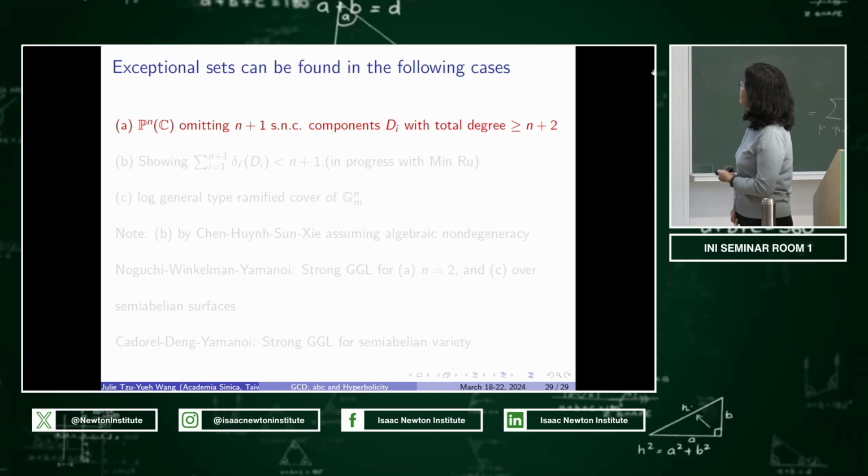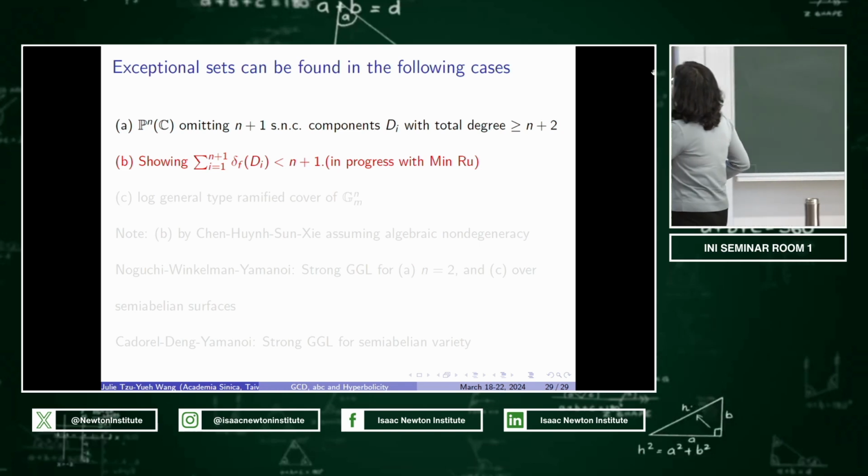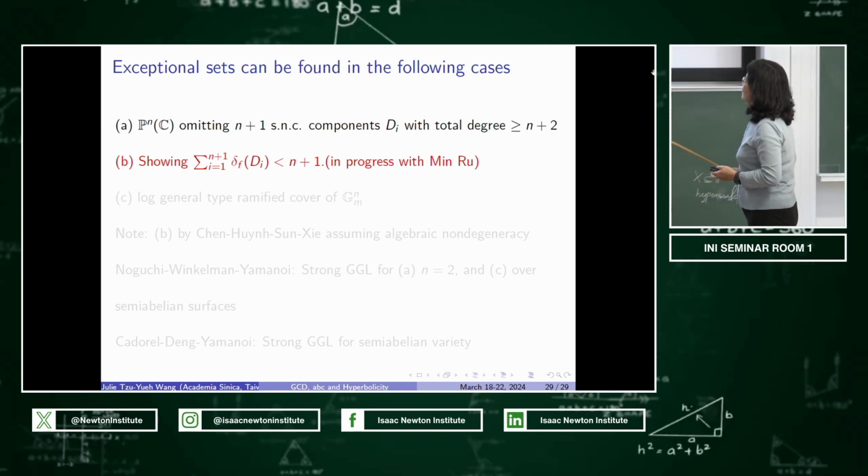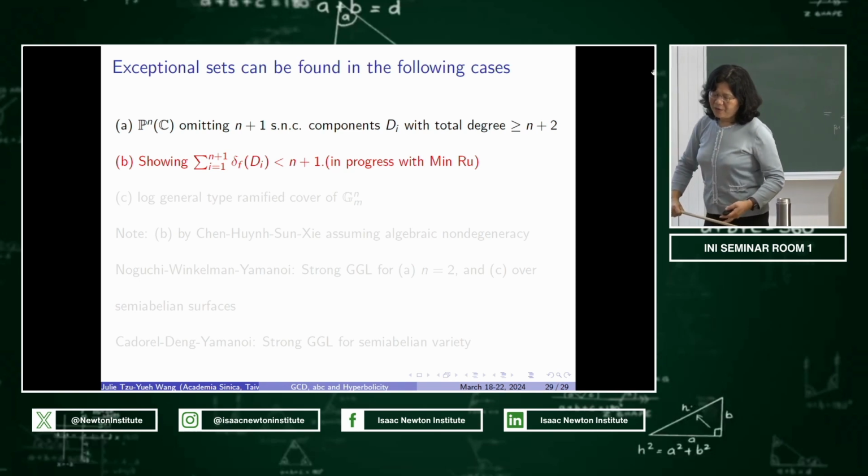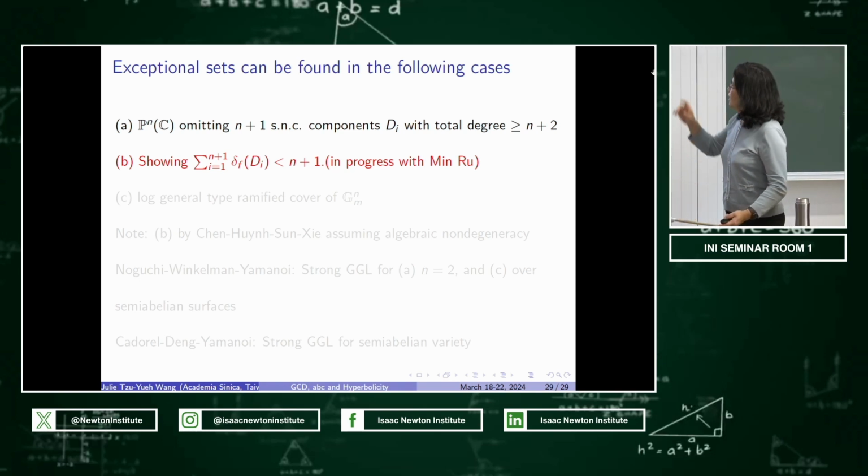So for example, this case is to show the defect. I will not say too much about this. This simply tells us that if the defect equals n plus 1, it would imply that the counting functions of the D_i are small functions, and this method would tell us it's not possible.